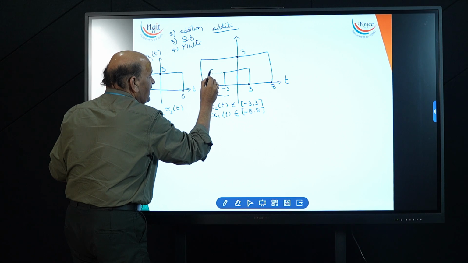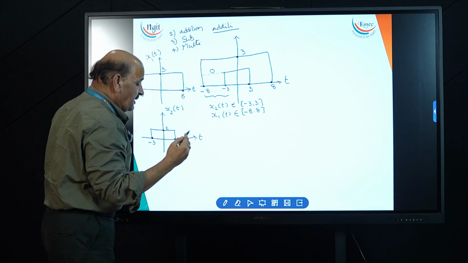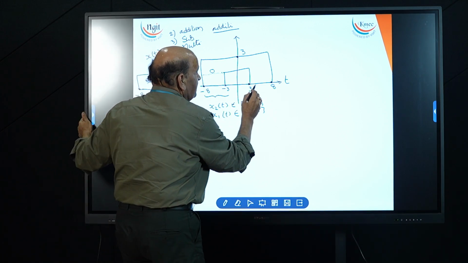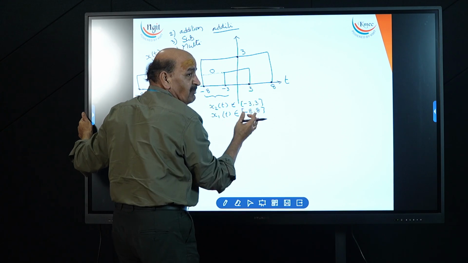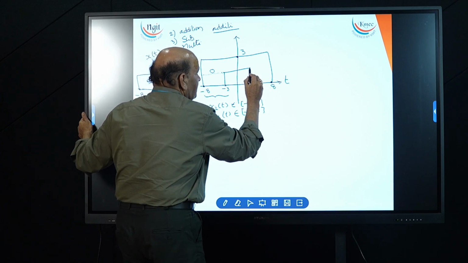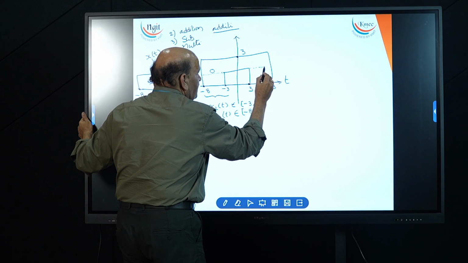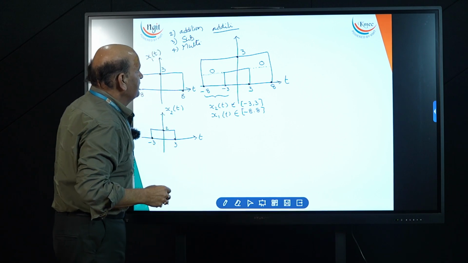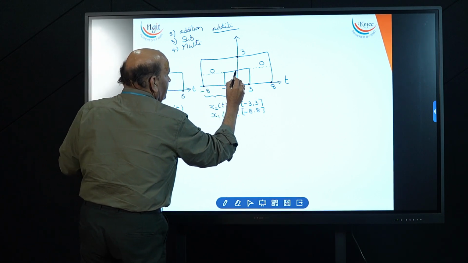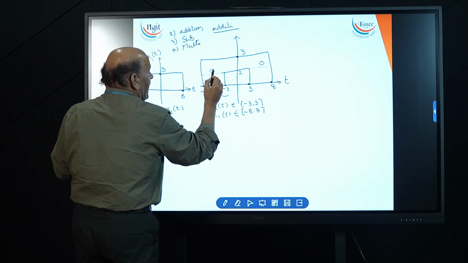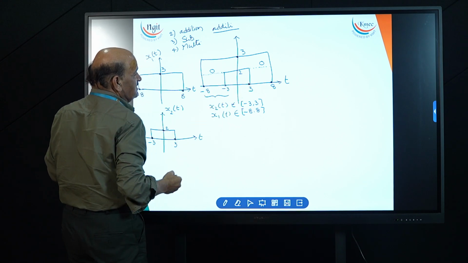No signal means what? 0. Come this side. From 3 to 8, full white space is appearing. There is no signal, empty space. So from -3 to -8, no signal. So here the amplitude is 0. Here what is value? 2. Amplitude is 0. Here amplitude is 0.